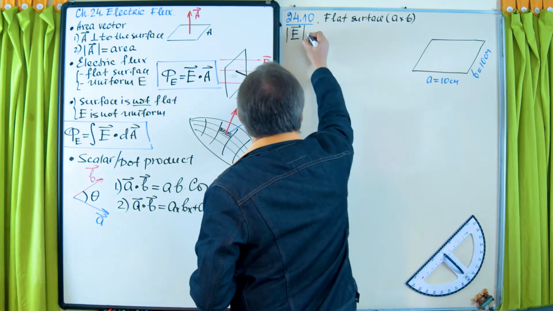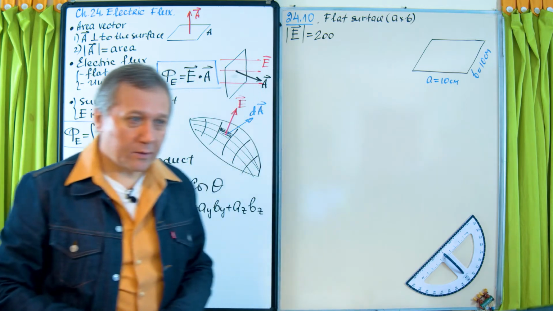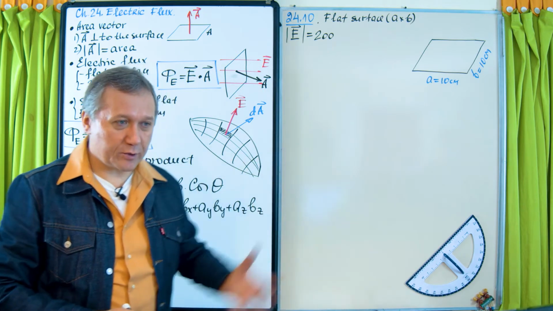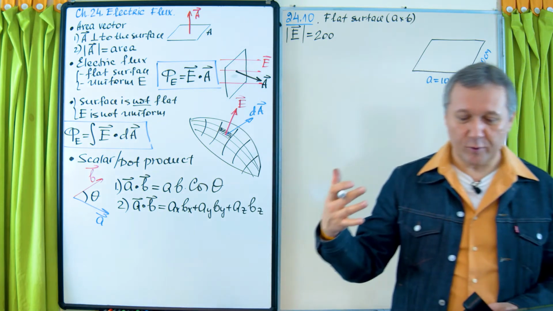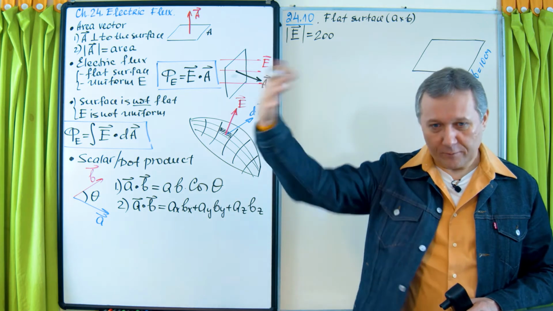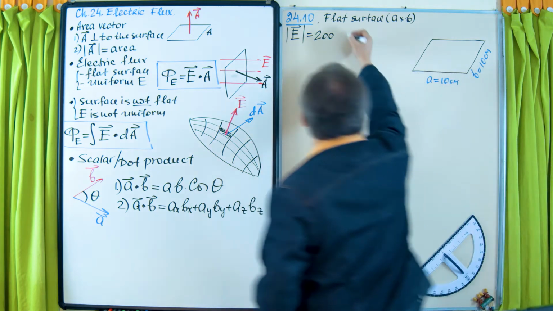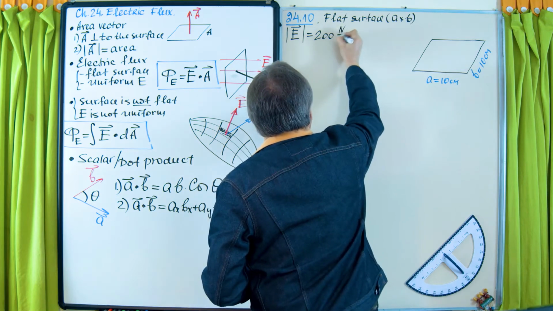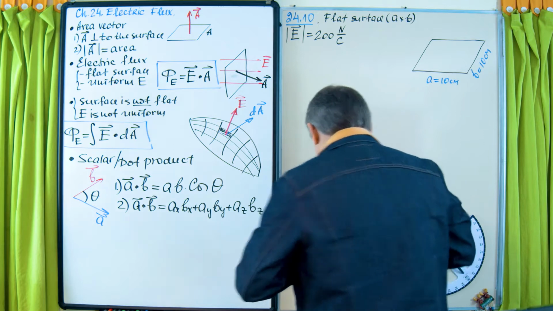And that is 200 units. Again, you remember there's no special unit for the electric field, just whatever you see in the formula which we introduced to find electric field, force divided by charge. So it's newtons divided by coulombs.